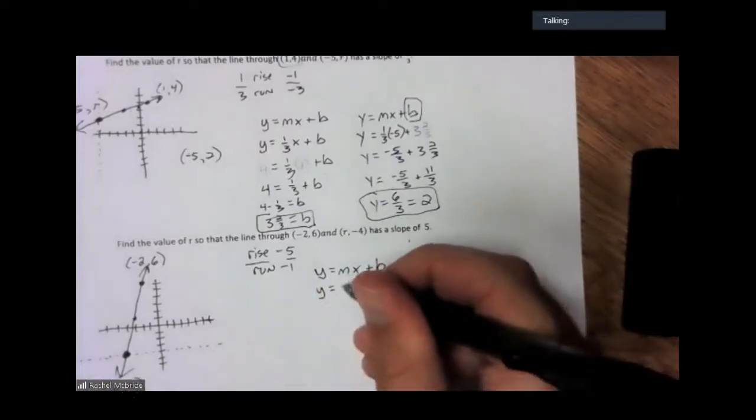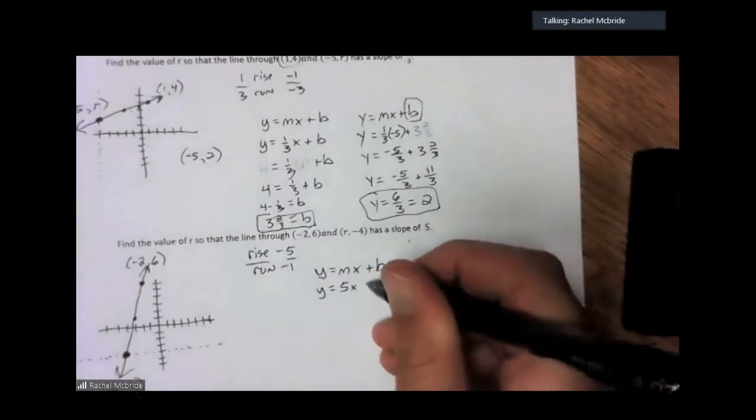It goes, B? No, b is the y-intercept. All right, Sierra, since you're laughing too, where does that 5 go? If it's not b, where does it have to go? M. It is m. So there is 5x plus b.